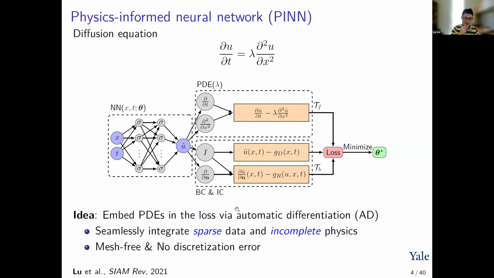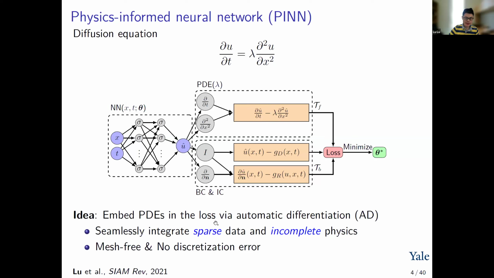So one unique advantage of PINNs compared to traditional scientific computing methods, such as finite difference or finite element, is that in PINNs, we can compute the partial derivatives, for example, du/dt, without any mesh by using backpropagation. This is also called automatic differentiation, or AD.